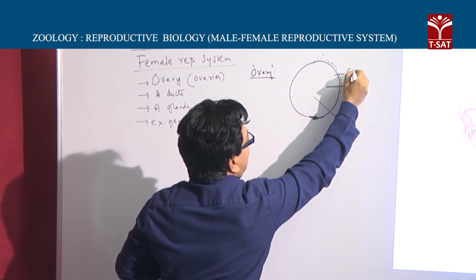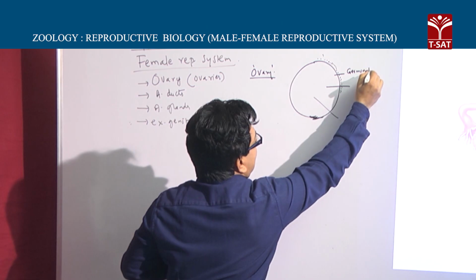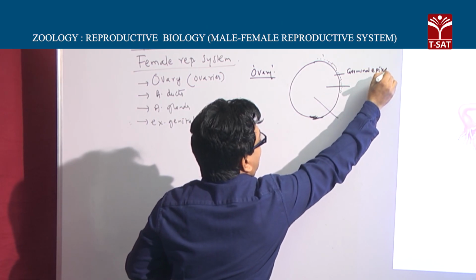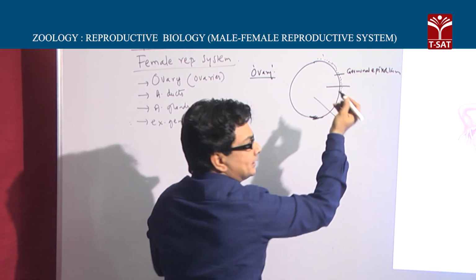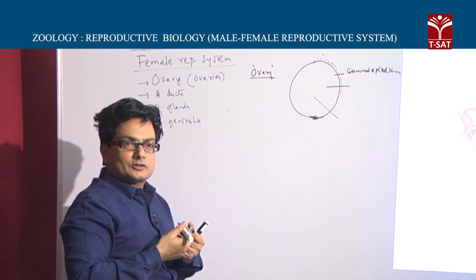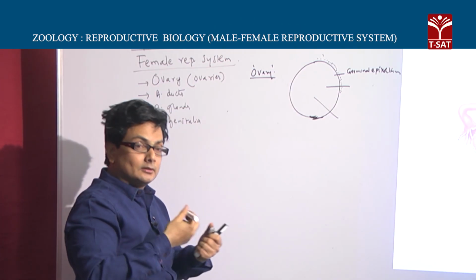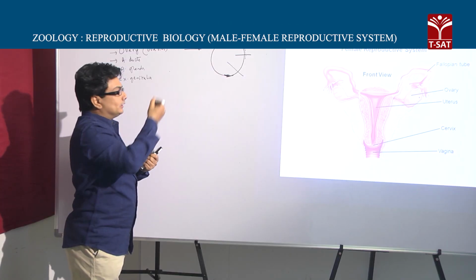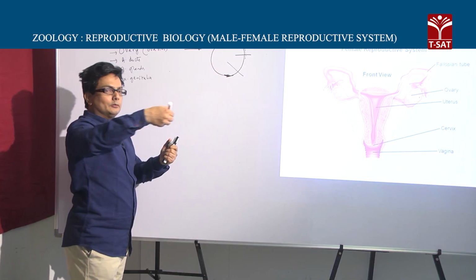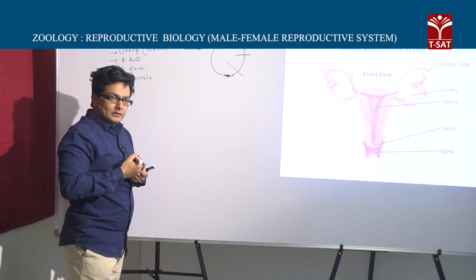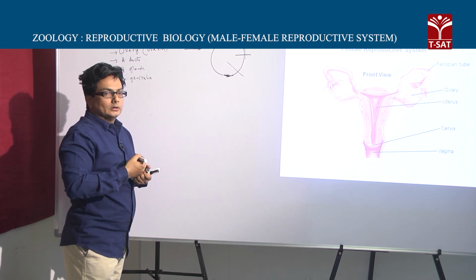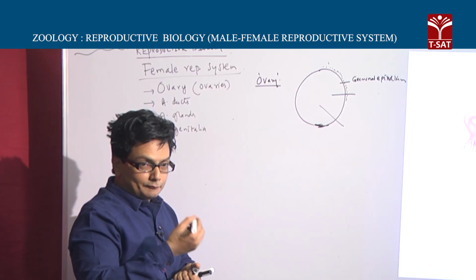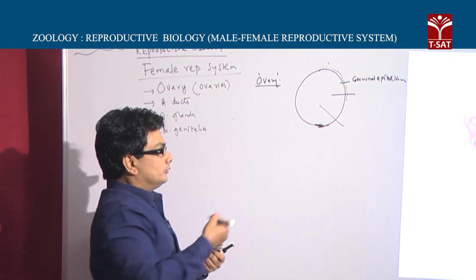This is the area at the periphery, which is called the germinal epithelium. Just like the male reproductive system having the germinal epithelium within the seminiferous tubules, this ovary is entirely lined by the germinal epithelial cells influenced by the gonadotropins, especially the follicle stimulating hormone.